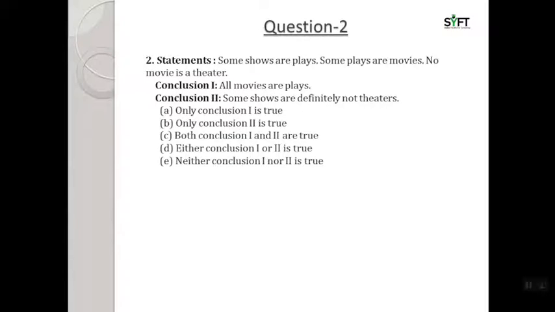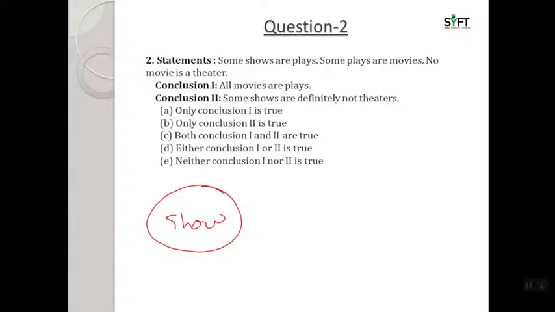In the next one, let's find out: in syllogism we have to use a Venn diagram. It gives a statement and you have to deduce which conclusions are true. Some shows are plays, some plays are movies, no movie is a theater. So if some shows are plays, here is the show.